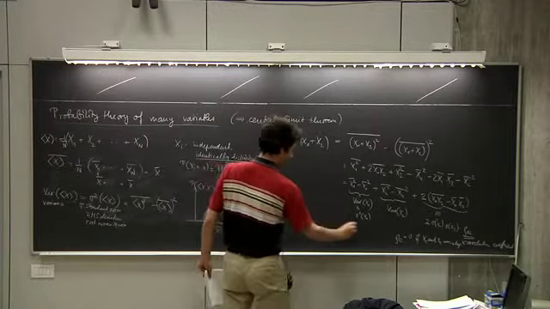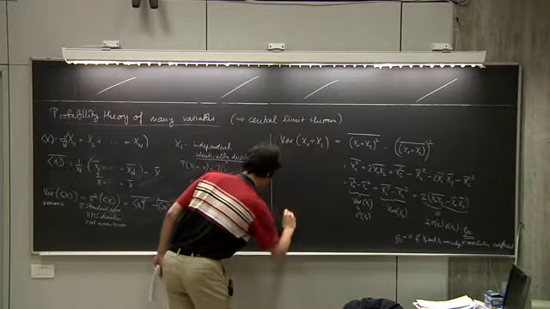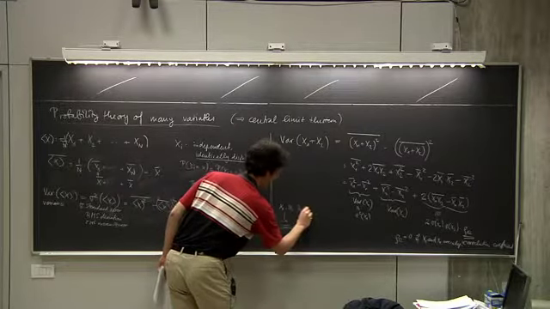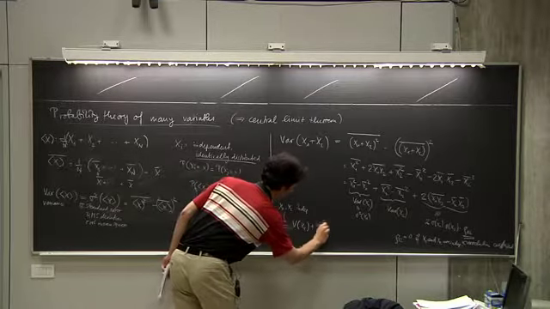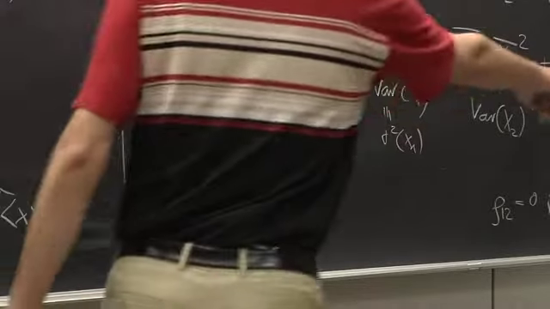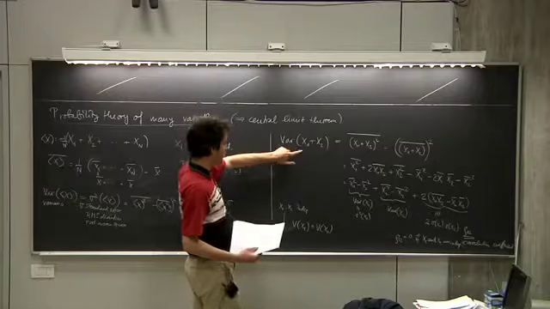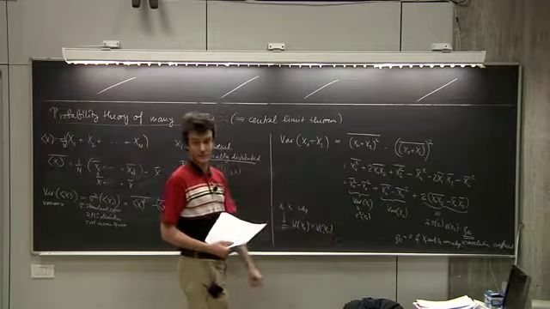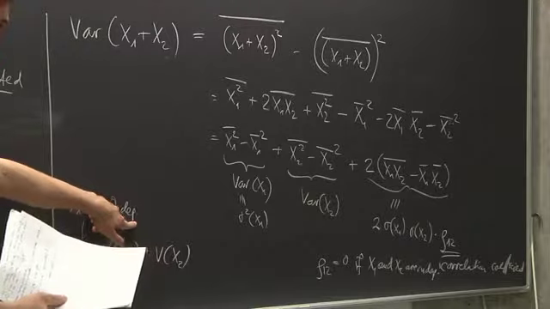So if x1 and x2 are independent, what we find is that this is simply the sum of the variances, because then this term is 0. So we find the important result that if I take two independent variables, the variance of the sum is the sum of the variances. And remember, that is only true if they are independent.